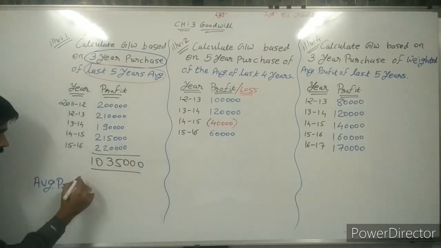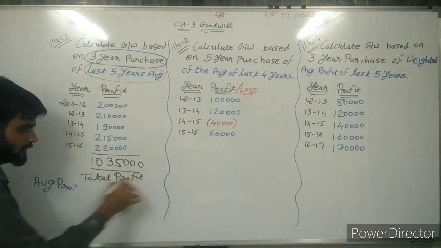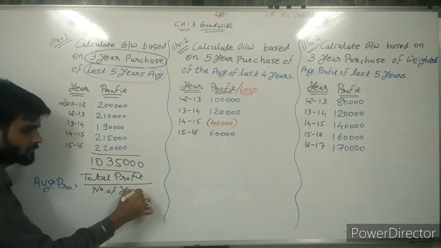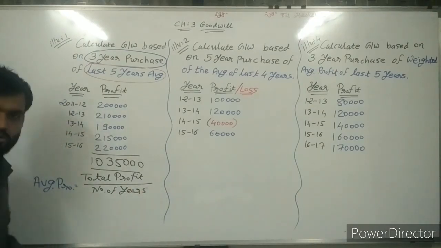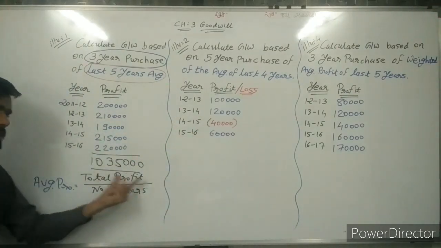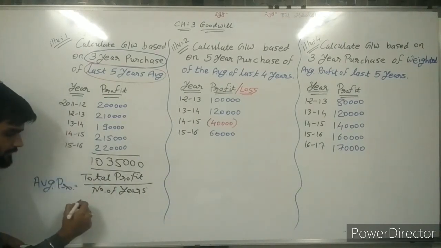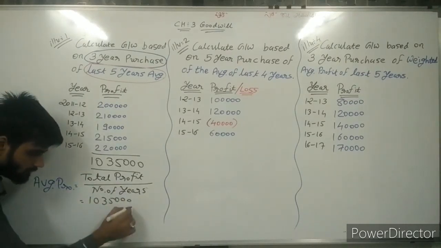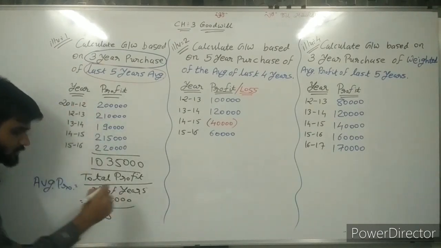So I am writing total profit divided by number of years. That becomes the formula, and you have to write it to get full marks. Average profit is equal to total profit divided by number of years. So total profit is 10,35,000 divided by number of years: 1, 2, 3, 4, 5. So number of years is 5.